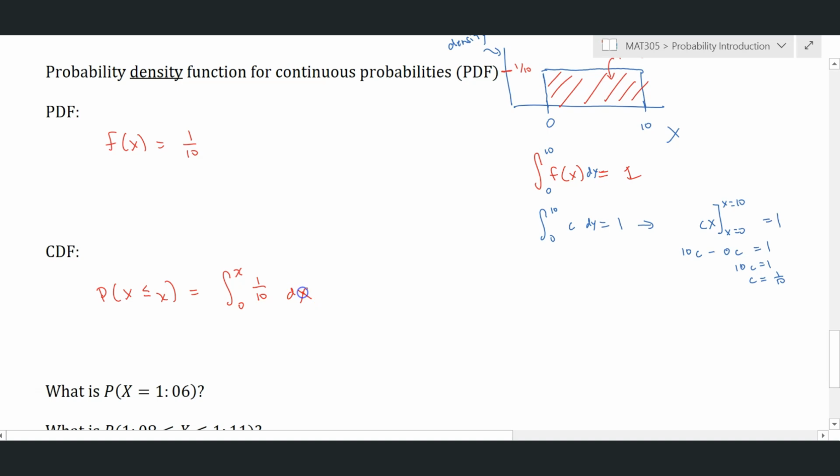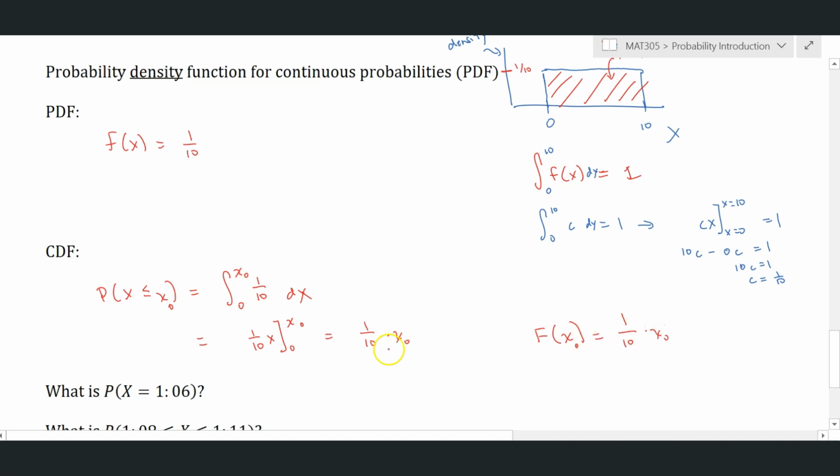All right, so the CDF in this case is this function, and you could take it one step further, and you could say it's 1/10 x evaluated on the interval from 0 to little x. Kind of sloppy notation. Let's call this x naught. And so that would be 1/10 x naught minus 1/10 of 0. And so there is your actual cumulative distribution function. So a lot of times we would say that F of x naught is equal to 1/10 times x naught.